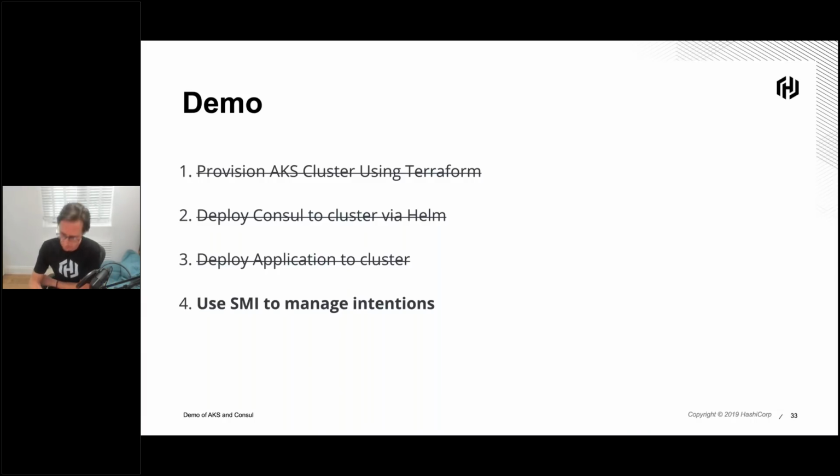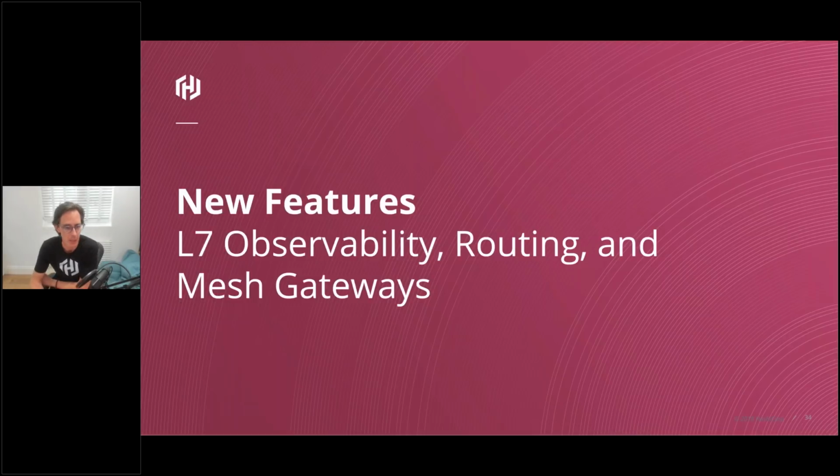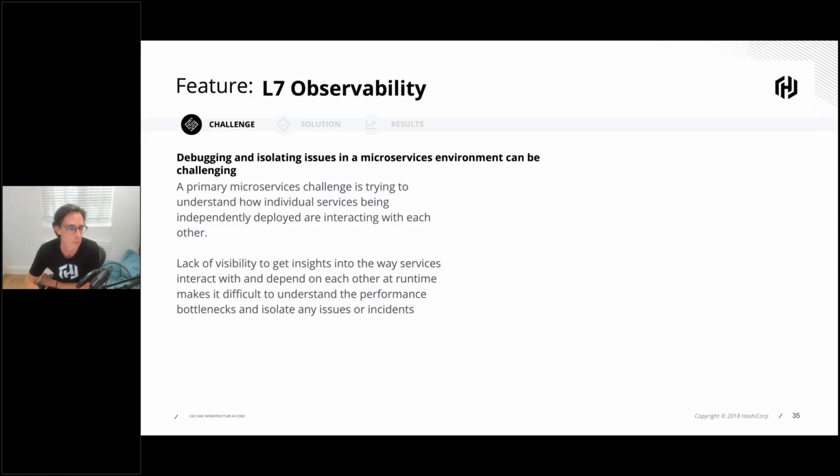So where do we go next? We go next by looking at some of the other features. We've just covered network security and network service discovery, but the service mesh offers a whole bunch of other stuff. We've got layer 7 observability. You've got the ability to determine what's going on in your network. You can see the requests.